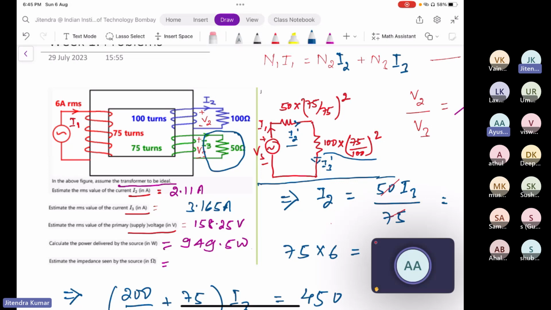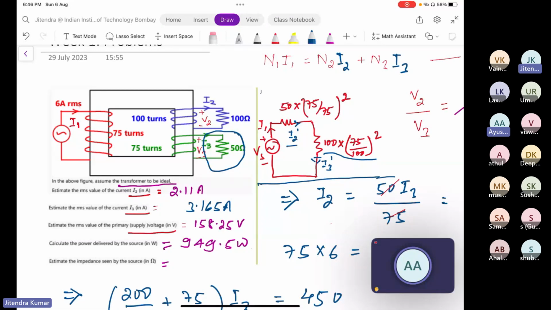Sir, if I2 is flowing through the secondary winding, due to which the primary winding will also draw some extra current as I2 dash. This is one concept. And let us consider if I3 is flowing in the tertiary winding, due to which the primary winding also draws some extra current from the supply as I3 dash. It means in this circuit, my primary winding is drawing two different types of extra current.